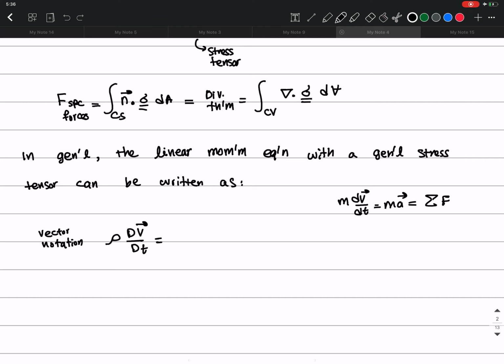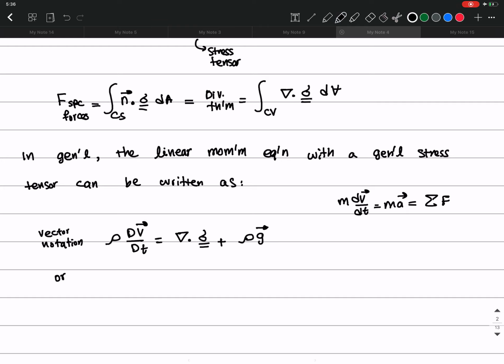So I can write this as grad dot sigma, which is the contact or surface forces, plus the body forces, which is just the gravitational force, rho g. Okay.